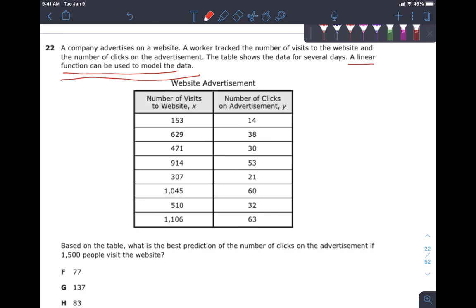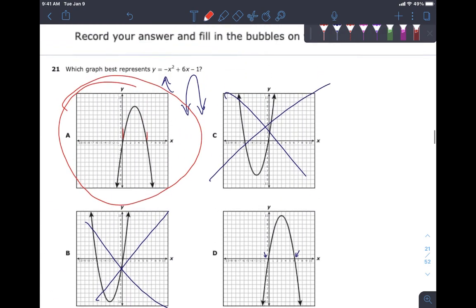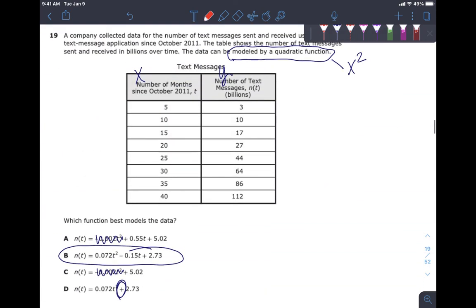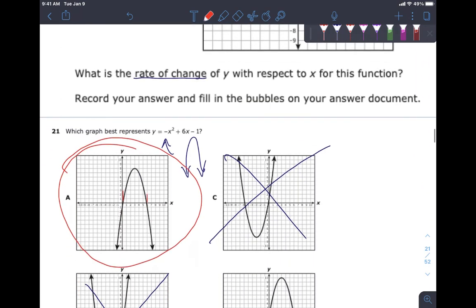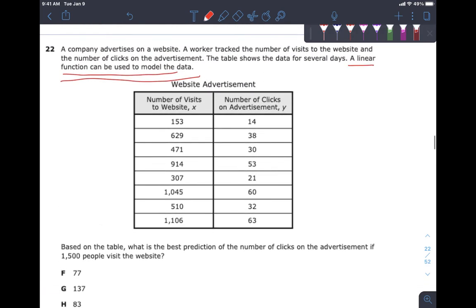Now, there's lots of different kinds of regressions. And the very last problem that we just did a moment ago was a quadratic regression, meaning we asked the calculator to find the equation for us. There are other kinds of regressions, so you have to pay attention to it. Everything is not always going to be a line. Sometimes it's going to be a quadratic. Sometimes it's going to be an exponential.